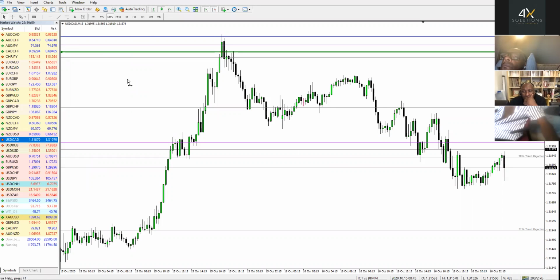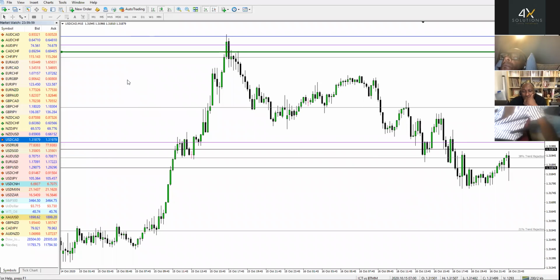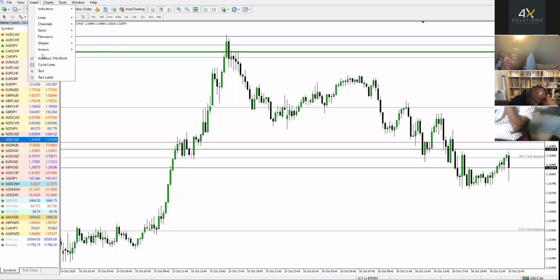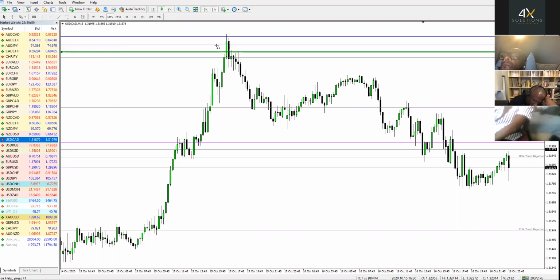Okay, so we know with a fib we pull from body to body, but for the purpose of this entry technique I'm going to show you something different. So we have this IPL over here, which is the 500 IPL, this one here, and once price comes in, touches that order block, closes the liquidity void, also comes into a higher time frame premium of 62% based on the swing high to the swing low.